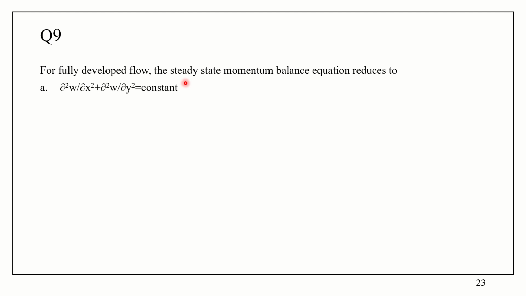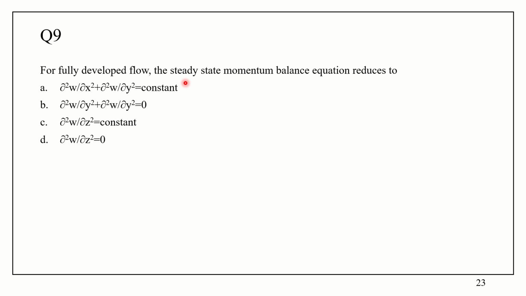Option A, dou square w by dou x square plus dou square w by dou y square equal to constant. Option B, dou square w by dou y square plus dou square w by dou y square equal to 0. Option C, dou square w by dou z square equal to constant. Option D, dou square w by dou z square equal to 0.